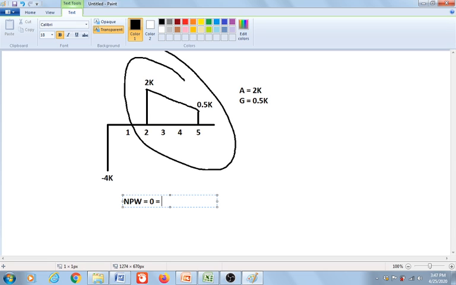Okay. So the NPW, and we need to set that NPW equal to 0, is minus 4K plus 2K times P over A, I, for 4 years, plus the gradient.